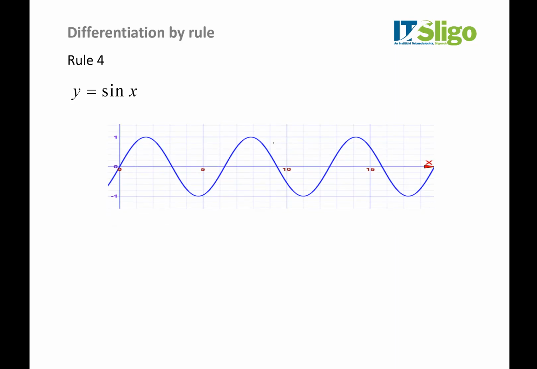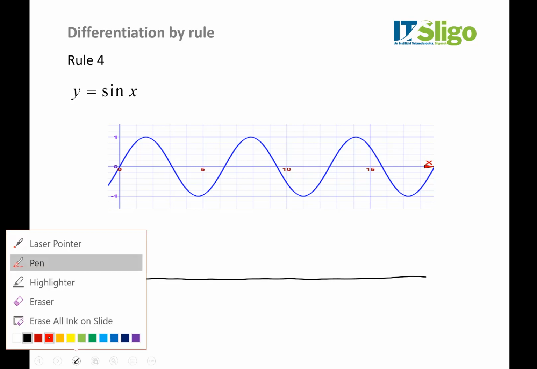Now we'll take a look at rule 4. Y is equal to sine x, and this is our typical sine curve. Remember, it starts here. Now if I try and draw a graph of what's happening with the slopes, I hope you forgive me, it takes a little bit of explanation.